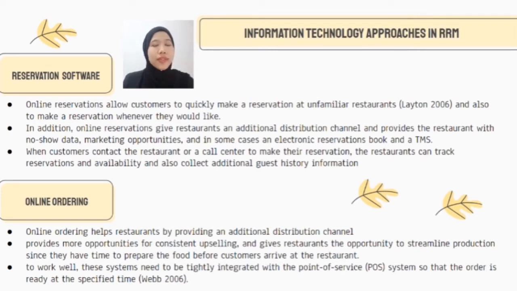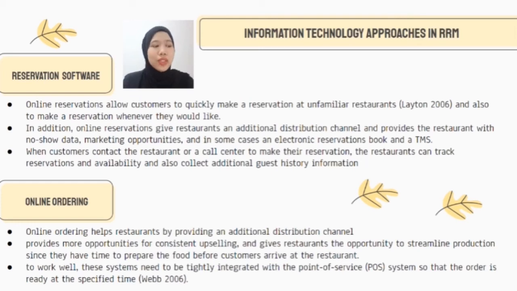When customer contact restaurant or call center to make their reservation, the restaurant can track reservation and availability and also collect additional guest history information. For example, we can see this system at restaurant in 5-star hotel. They usually have this reservation software.